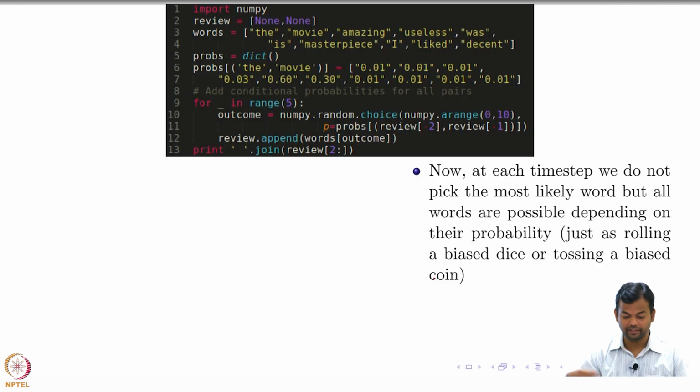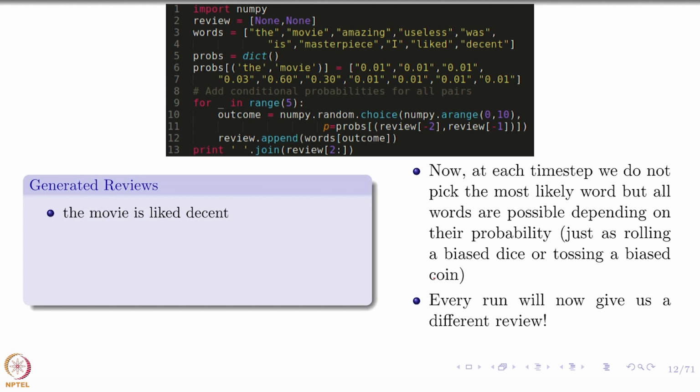So now if you run this code, at each time step we are not picking the max value, but we are picking a value depending on the probability of that particular value. So we are rolling the dice, and whichever side comes up is not going to be the max always, right? Now every run is going to give us a new review. And of course some of them would not look very meaningful because you have sampled.